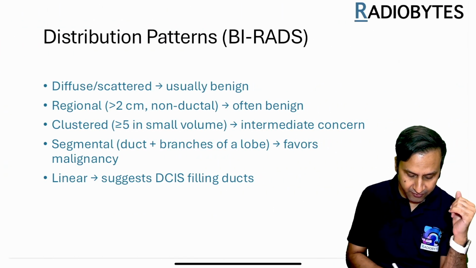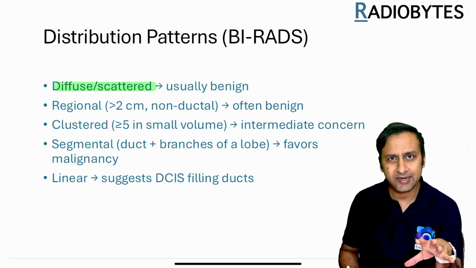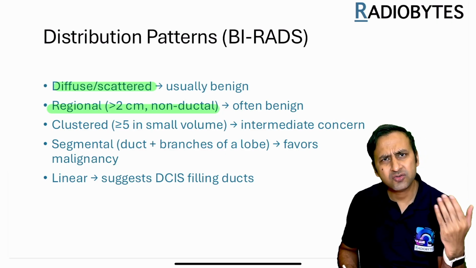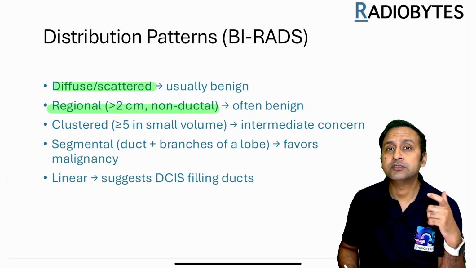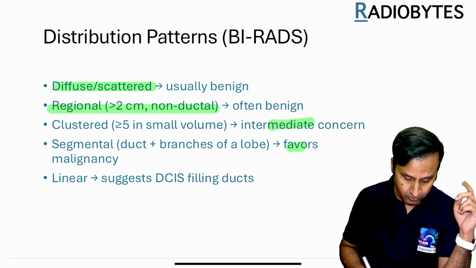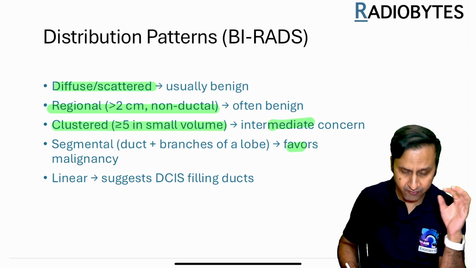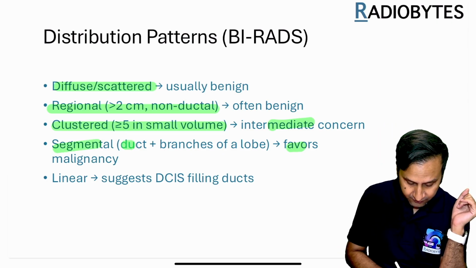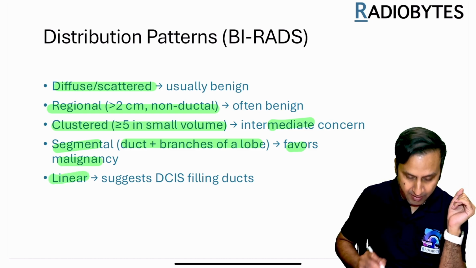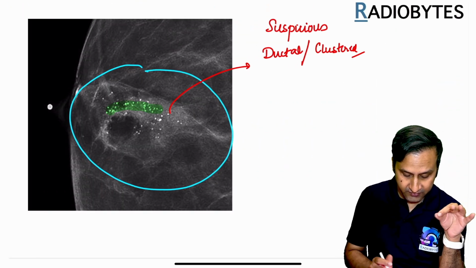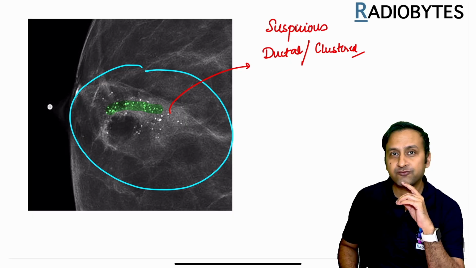So if we have a diffuse or a scattered process, we've already seen that it's likely to be benign. If we have a regional distribution, which is non-ductal, it's also likely to be benign. So what is of concern? Intermediate or malignant concern? The two important patterns that we talked about: either a clustered pattern where we have more than 5 in almost 1 centimeter area, or a segmental pattern where we have involvement of the ducts plus the branches of the lobe, and when we have a linear pattern somewhat like this, where we see a linear distribution which is conforming to the duct.